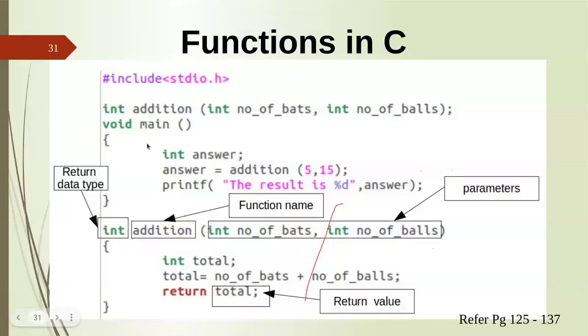This is the main function. Main function: int answer is addition. The function name is addition. We can call this function by addition 5, 15. These are the values input to this function. This is the function name. This is the return data type.